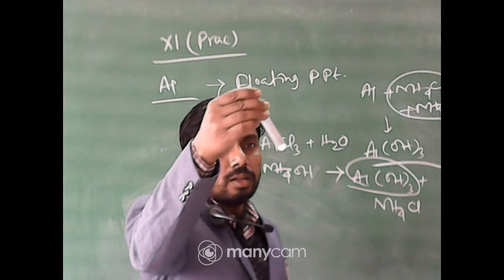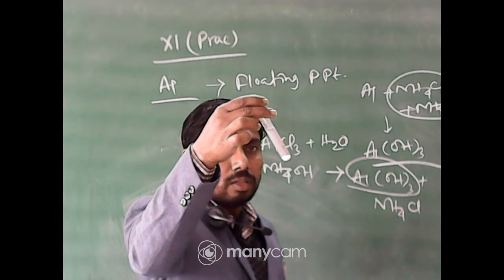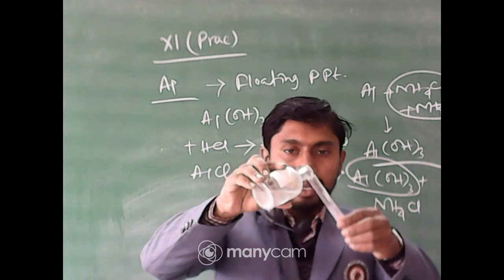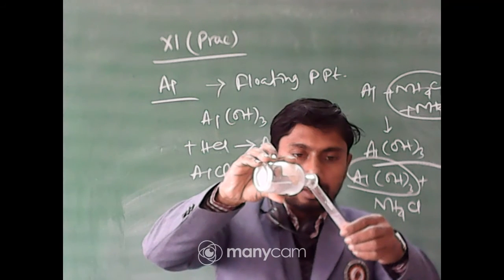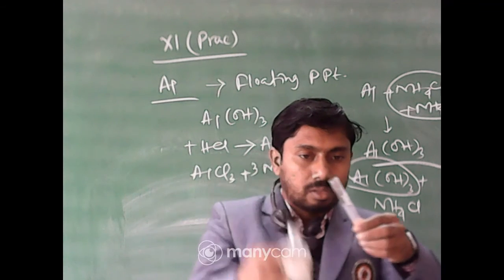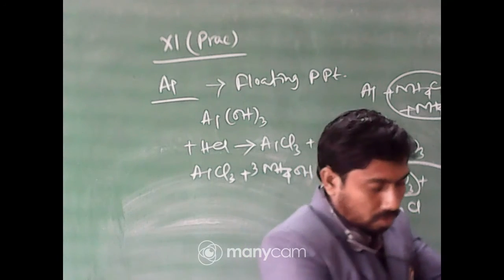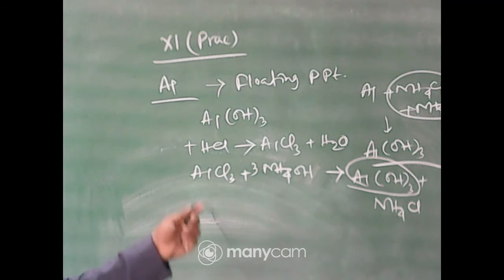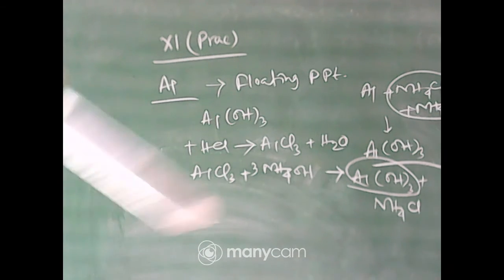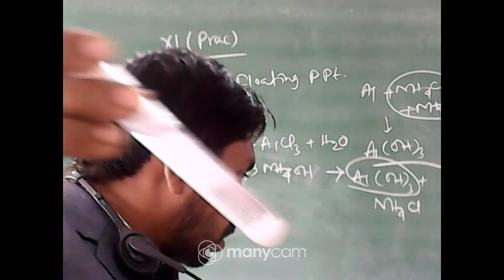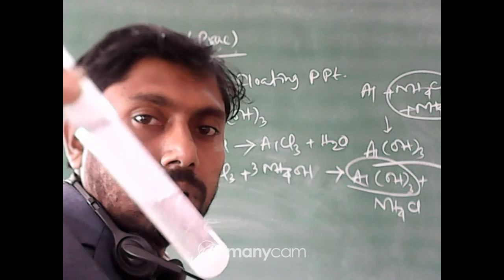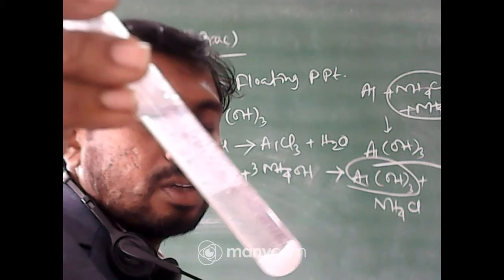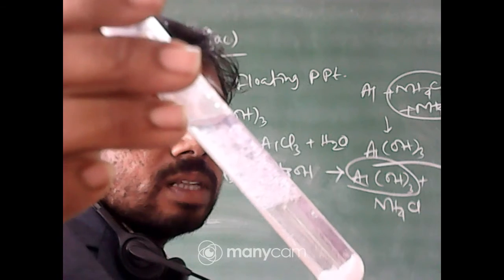Now the precipitates are not there. Now we will add ammonium hydroxide solution there. Okay, now the floating precipitate is formed. I will show you the floating precipitate. Can you see that the upper part is a precipitate? This is called the floating test. So what is floating here?